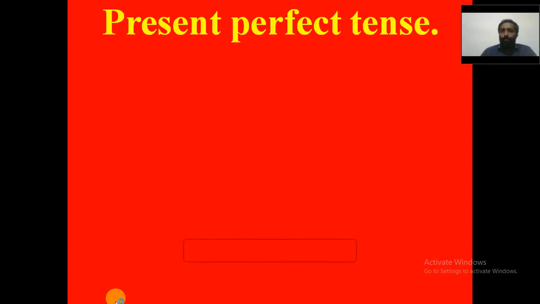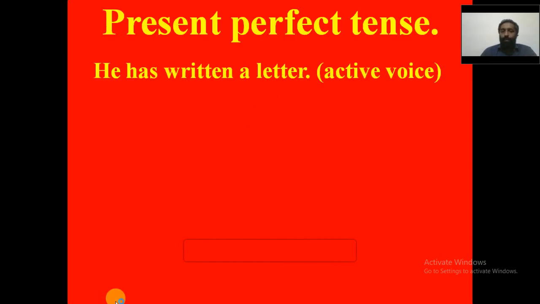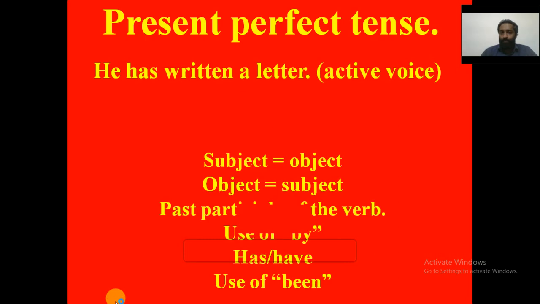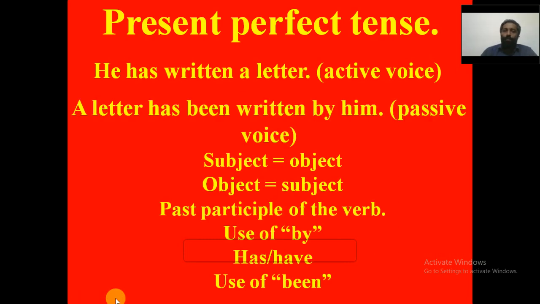Now moving on to the next one, we have present perfect tense. He has written a letter, that is in active voice. A letter has been written by him, that is in passive voice. Now what are the changes? Subject he becomes him. A letter, the object, becomes the subject in passive voice. Past participle of the verb, written.